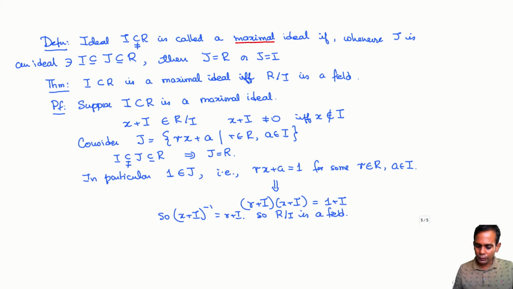Every non-zero element of R mod I has a multiplicative inverse. Conversely, suppose R mod I is a field.